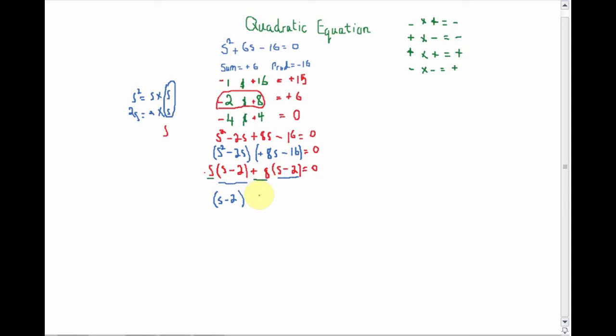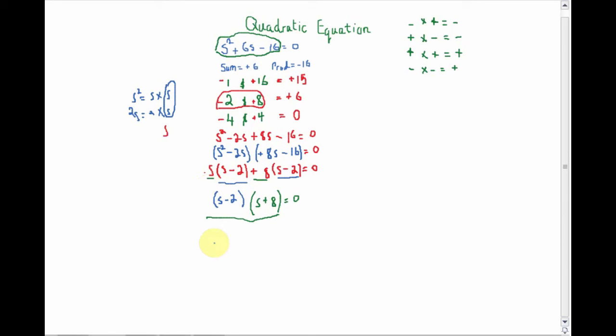So we'll be left with x plus 8 equals to 0. If we were told to factorize this expression, we would have stopped here. Our answer would have been here below. But since we are told to find the solution of this equation, we'll move on further.